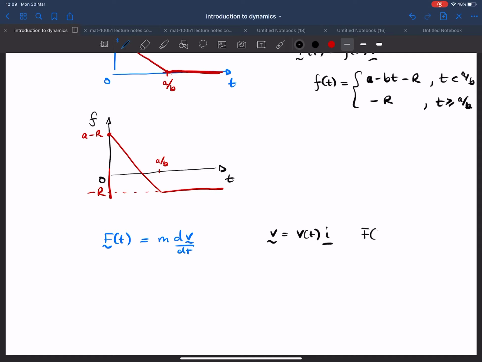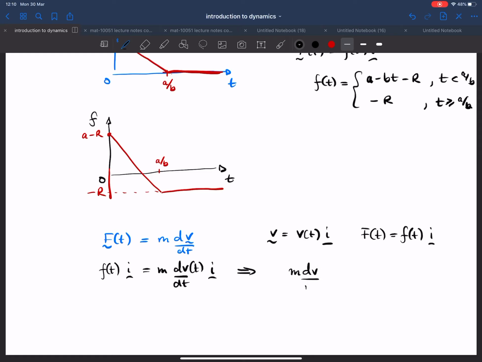Let's also introduce F as we did before, F(t) i. This gives us the equation m dv(t) i equals F(t) i. And this just gives us the following equation to solve.